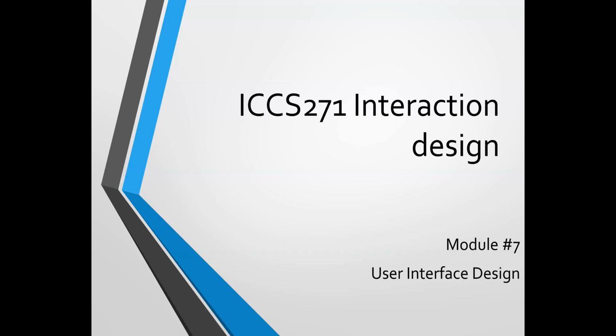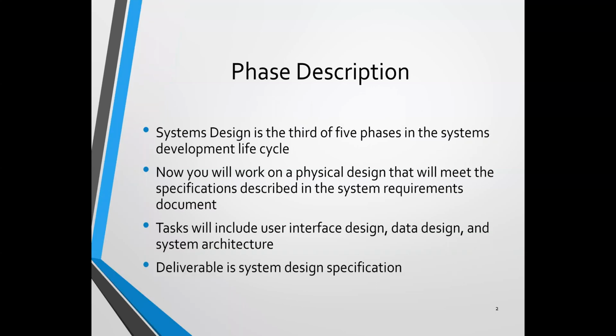So for the user interface design here, in the design phase, the system design is the third of 5 phases in the system development life cycle. Now you will work on a physical design that will meet the specification described in the system requirement document that we had from the previous chapter.